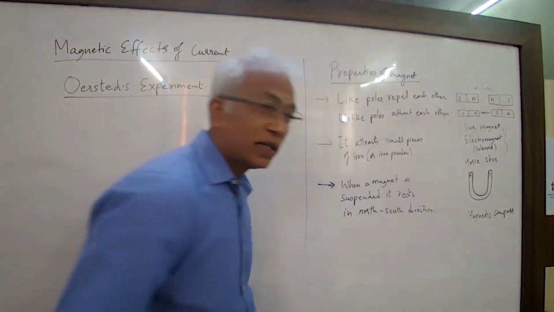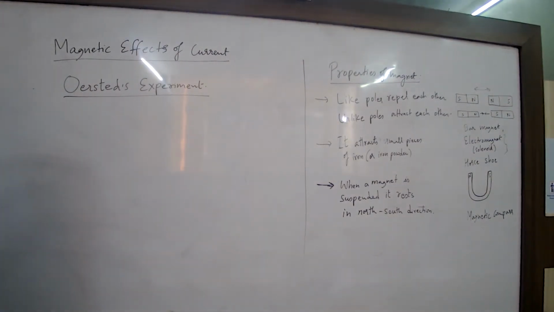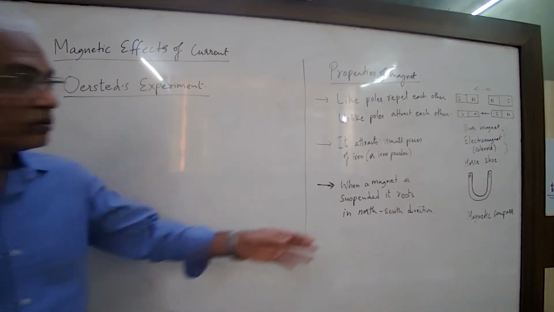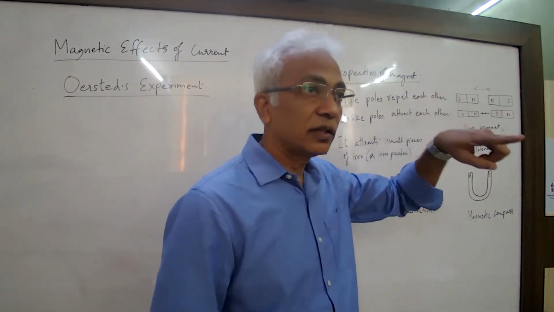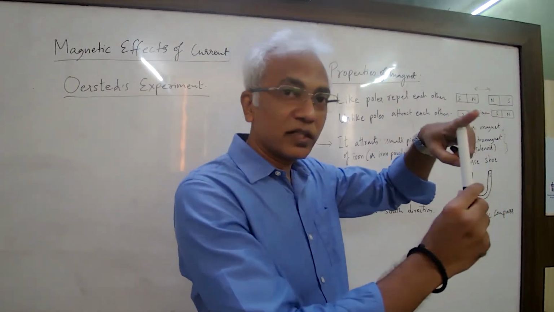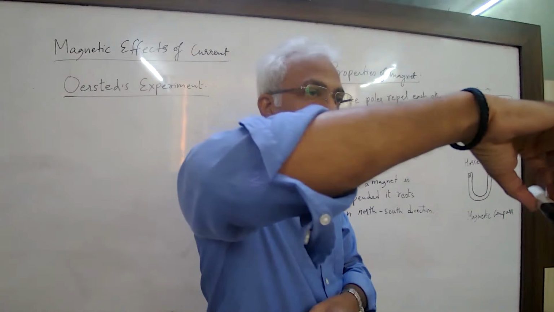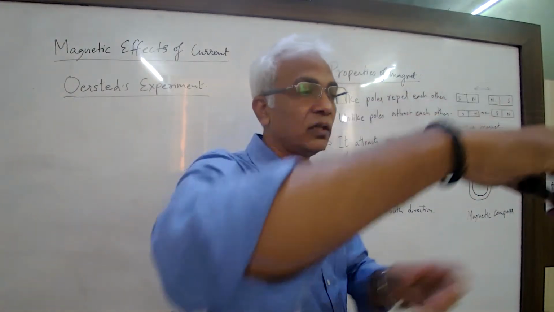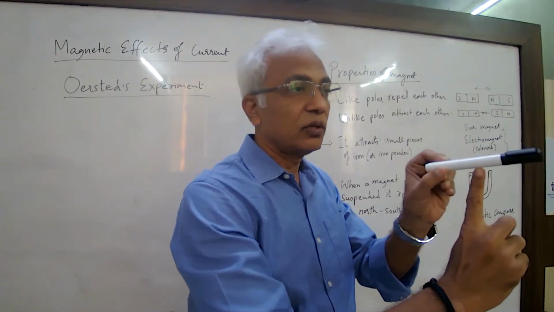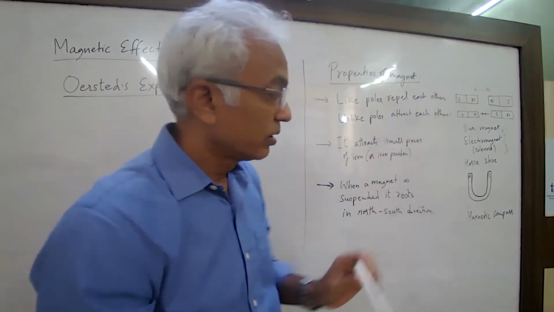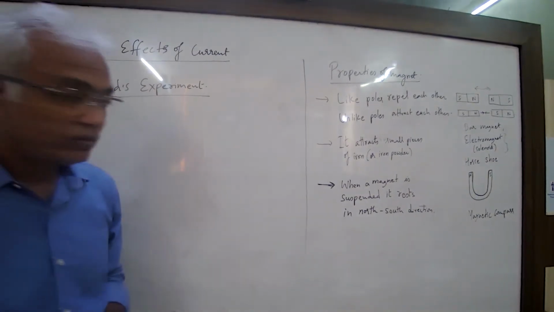If you take a magnetic compass, it always rests in the north-south direction. A magnetic compass is also a magnet, a very thin bar magnet, pivoted on some axis. So either you suspend a magnet by tying it to a thread, and it will settle down in the north-south direction, or you can pivot it on some axis. Then again it will point in the north direction. Why does it always point in the north direction? That is what he meant by magnetic south.